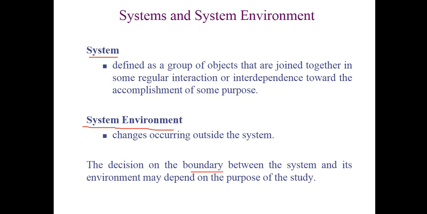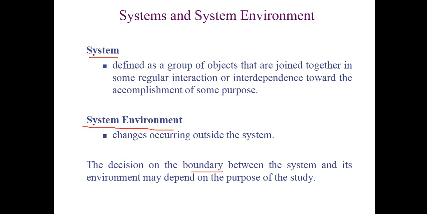For example, suppose we consider a classroom as a system. Then all the students inside the classroom can be considered inside elements or the inside environment of the system, and a student who is waiting outside the classroom can be considered an outside element or outside environment. But when we consider a university, or suppose the CSE building, as a system, then the student who is waiting outside the classroom is also part of the inside environment.